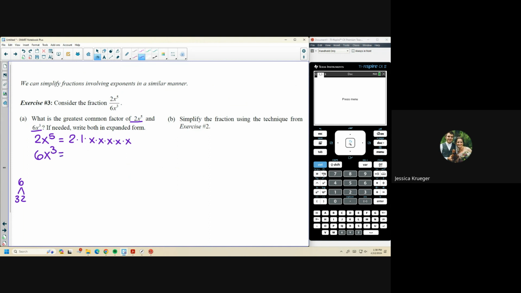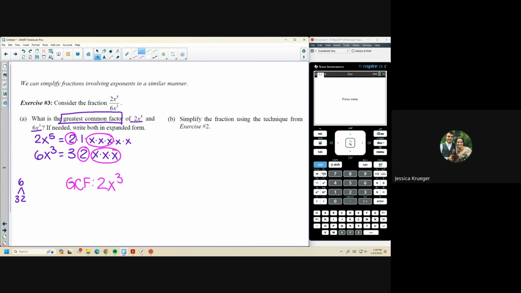So that can be rewritten as 3 times 2 times x times x times x. So the greatest common factor is what they share. So I notice they share a 2, each of them, and they each share 3 x's. So my GCF would be 2x to the third. So that's my first step.